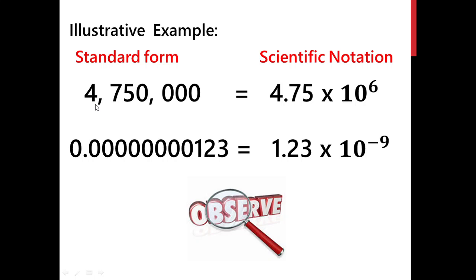So that is 4 point. So you have 4.75 times 10, always times 10.